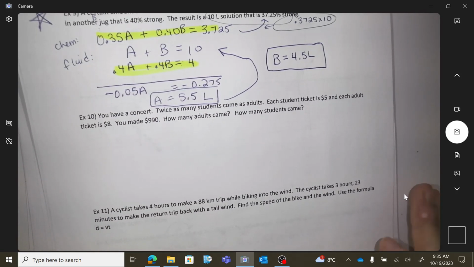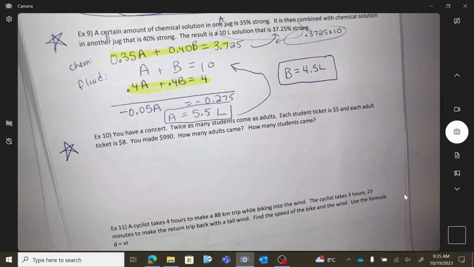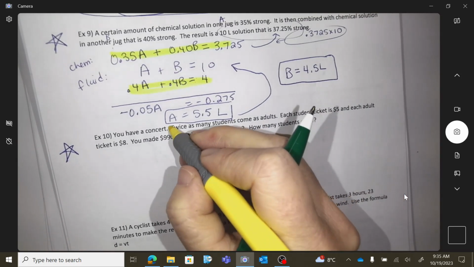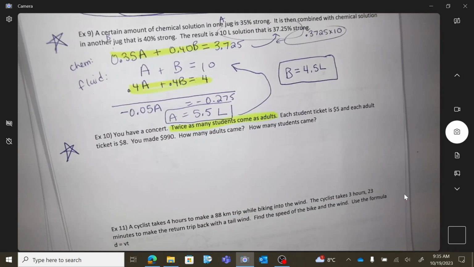Okay, number 10, I would like you to put a star beside that one. Here's why. This line is the one that tricks people. You have twice as many students as you do adults. So how do you write that?